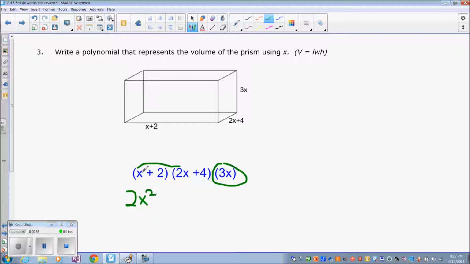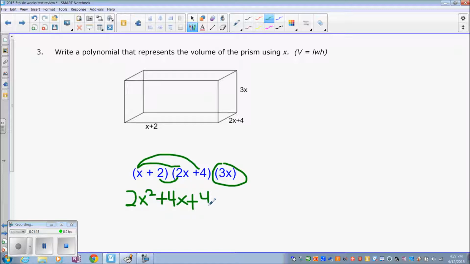And then I'm going to do outside times outside, x times 4, and that's a positive 4x. My next step is to do inside times inside, so it's 2 times 2x, which would be 4x.